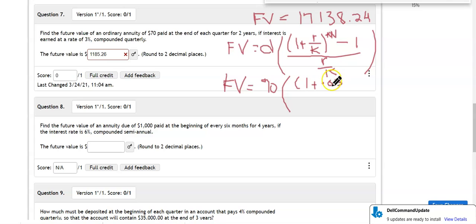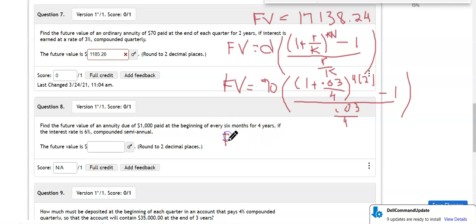We are compounding quarterly, so that's 4 times per year, raised to the 4 times the number of years, so 4 times 2. Minus 1. All over this same thing right here, R over K, so 0.03 over 4.